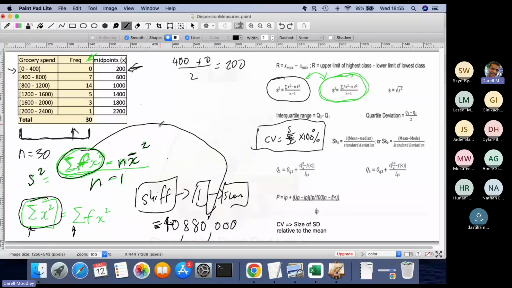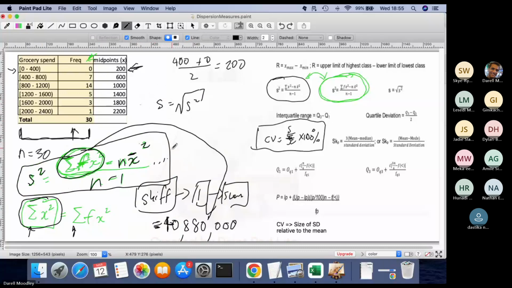And finally, if you want s, you just take the square root of whatever you find here. So s equals the square root of whatever you get for this entire thing. That's the long method. If the question is asking for 3 marks or more, do the long method for the standard deviation. I hope that's clear.